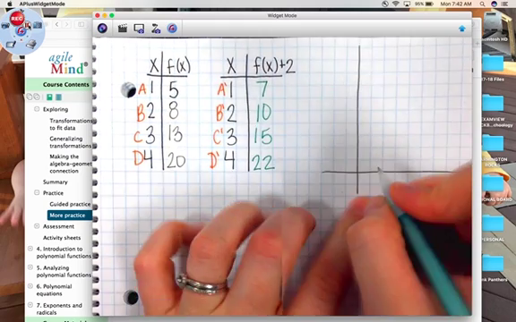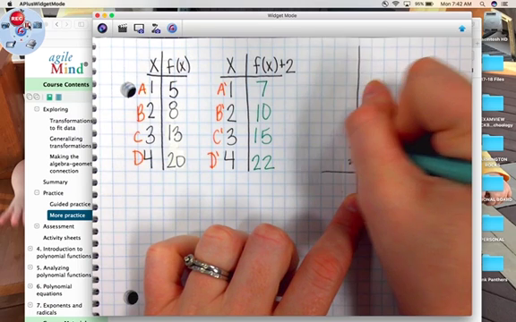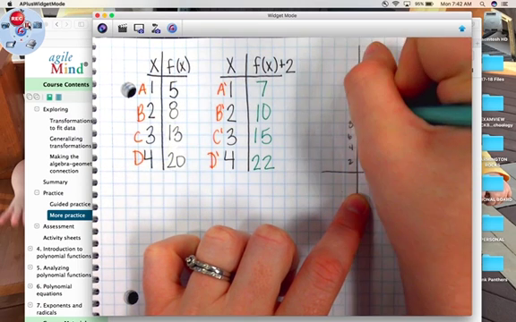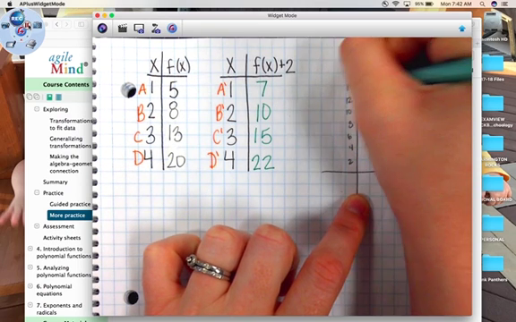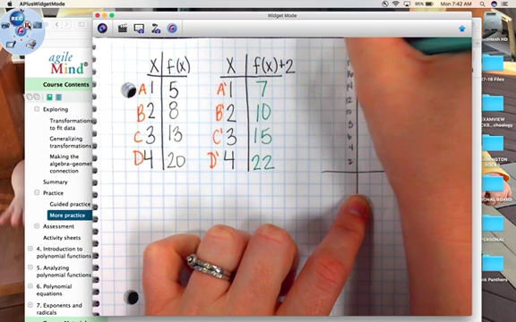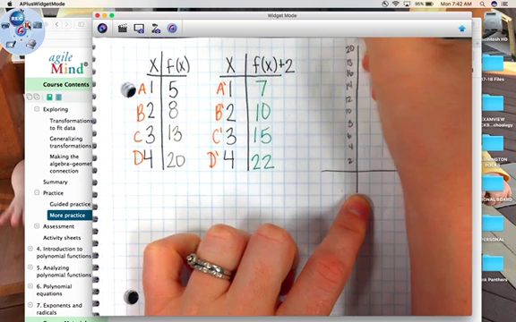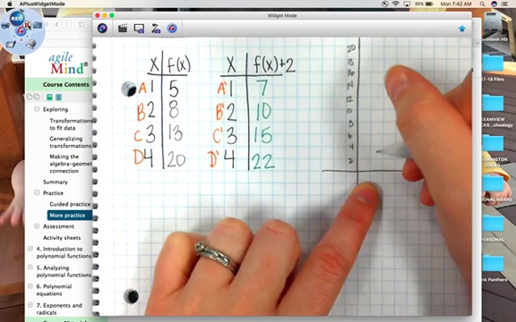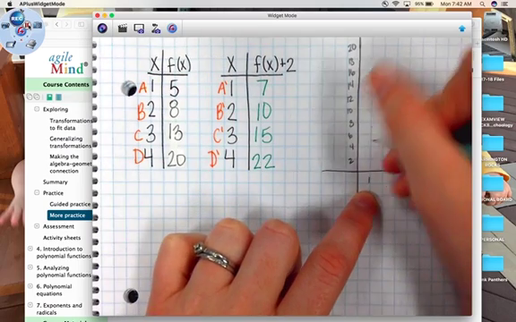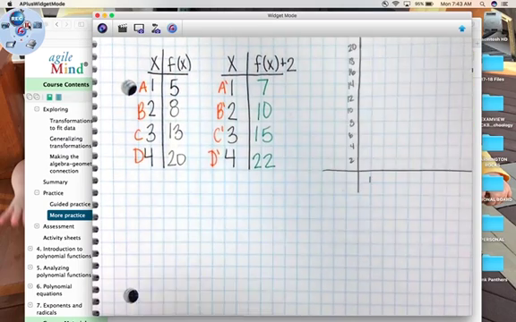So if I'm at 1, let's do 2, 4, 6, 8, 10, 12, 14, 16, 18, 20, and 22 will be up there. We're just going to leave it. So I'm going to go 1 and then up to 7, and I'll do orange first.